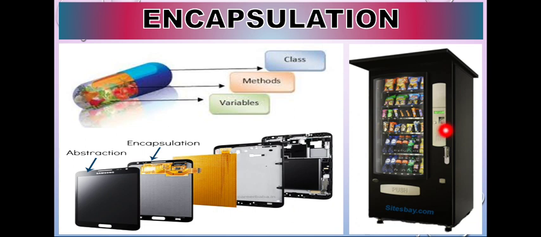This particular one is a cola and chips vending machine, in which data like cola and chips are kept, and there is a mechanism, that is function, which is combined with the particular cola and chips to perform the particular task. Here what is presented? Cola and chips. What is hidden? How things are going and how the task will be executed, that is hidden.